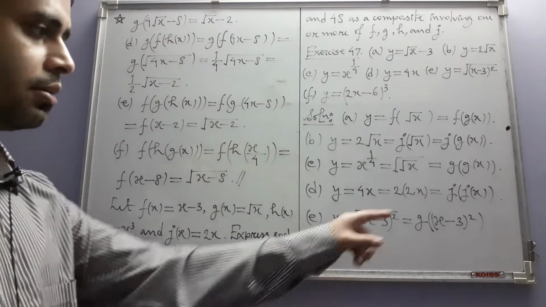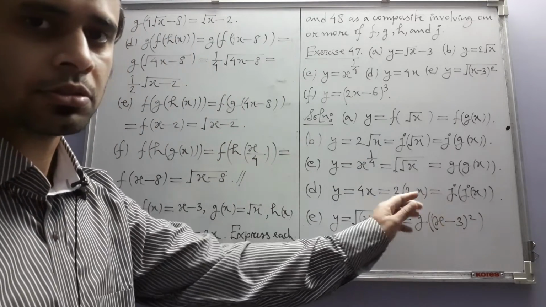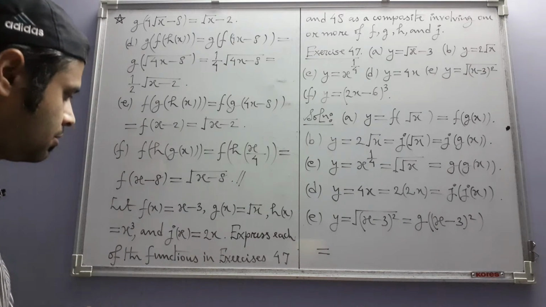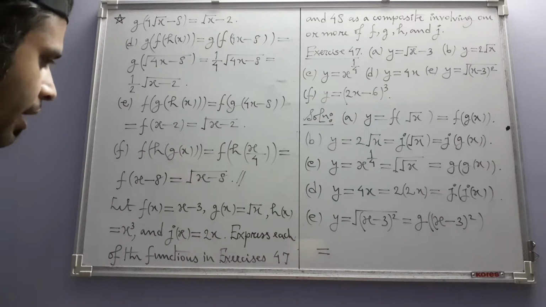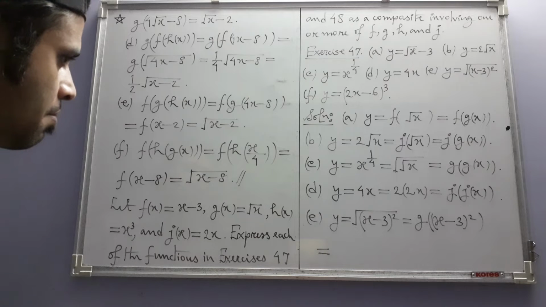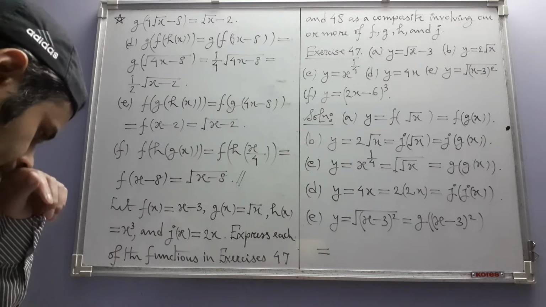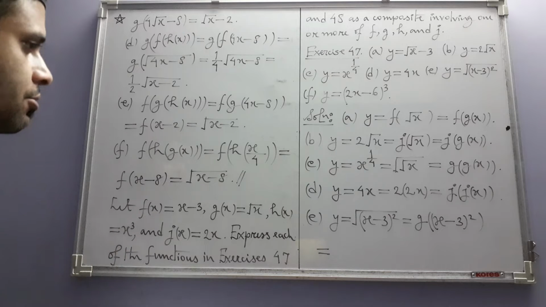Okay, now we think of the inner one, square of something. We don't have square, no? Is it really square or cube? It is given to be square.